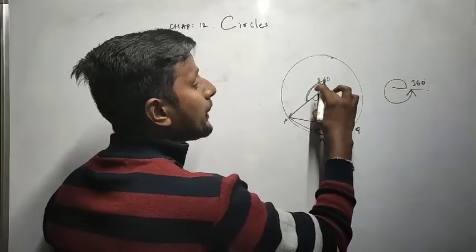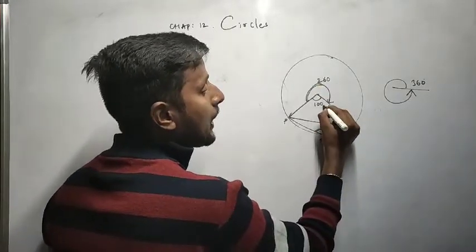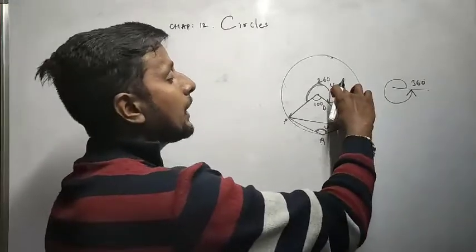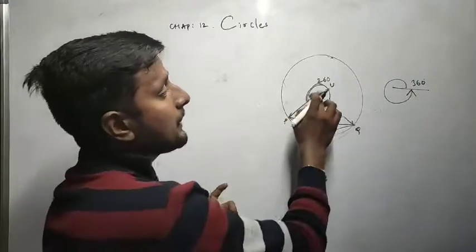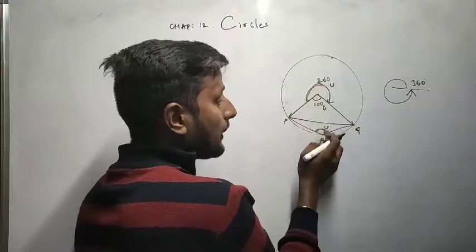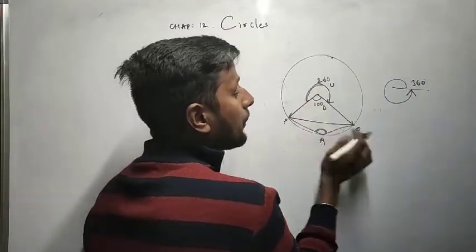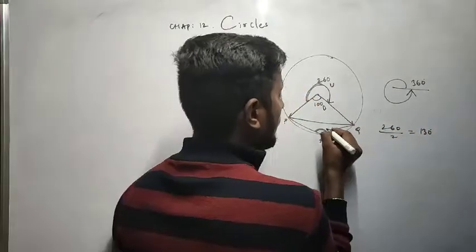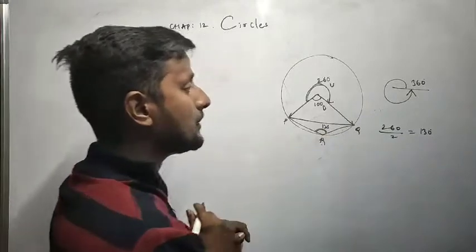At the center we have two angles: one is 100, opening downward, and 260, opening upward. Upward angles have a relation. At the center it is 260, so at the remaining part of the circle it will be 260 by 2, which is 130 degrees. So angle PRQ is 130.